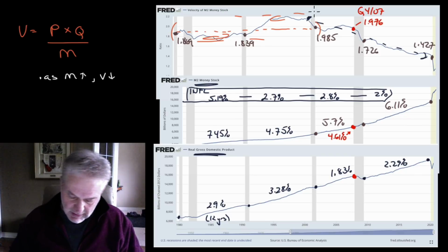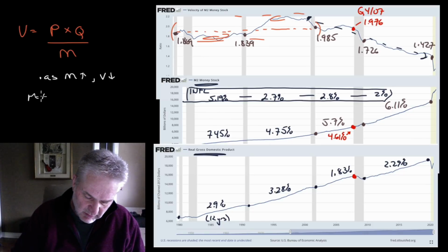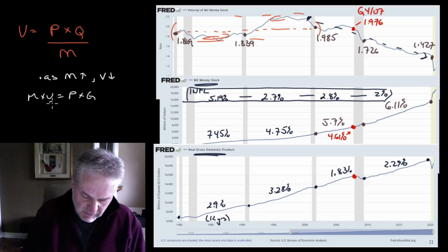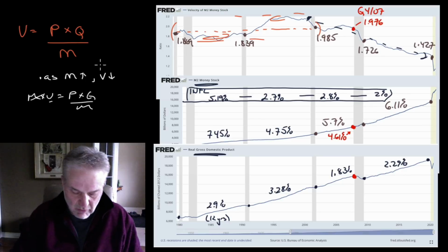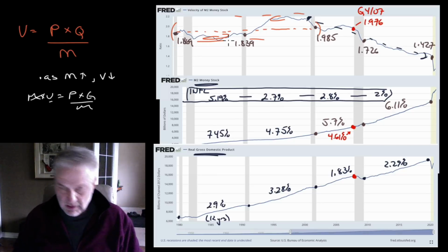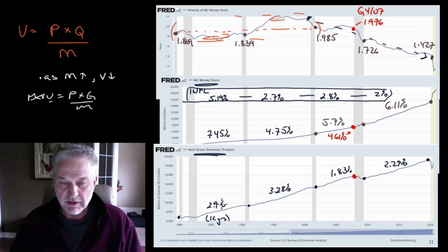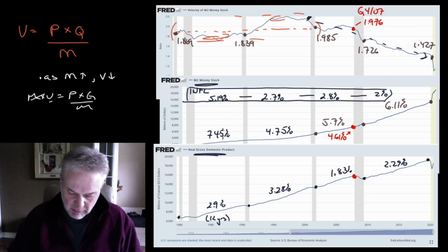Has it changed? So if we think about velocity, all we've done is taken M times V equals P times Q, and we've isolated V to one side by dividing both sides by M. So we can calculate velocity at each point by taking the average price multiplied by the quantity and dividing it by the money supply, and that'll give us velocity.